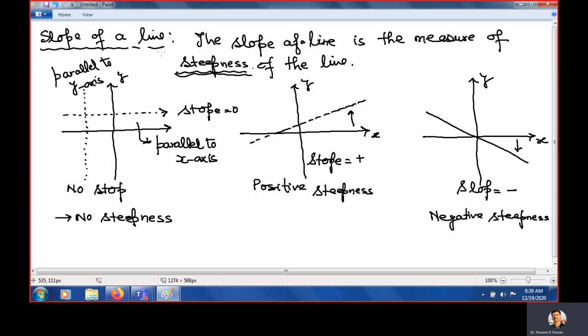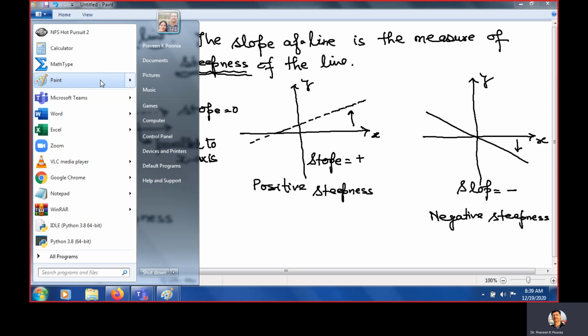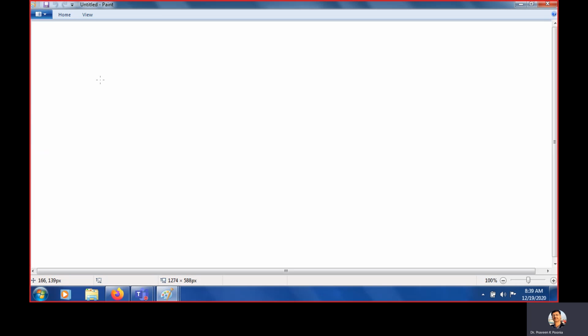Clear? Now, how to find the steepness, the slope of an oblique line?